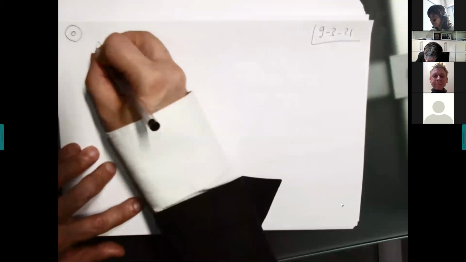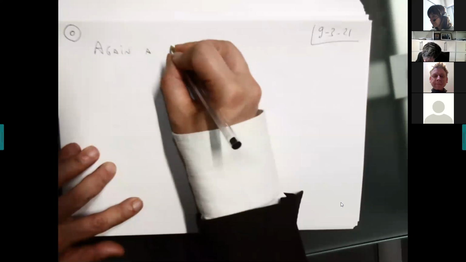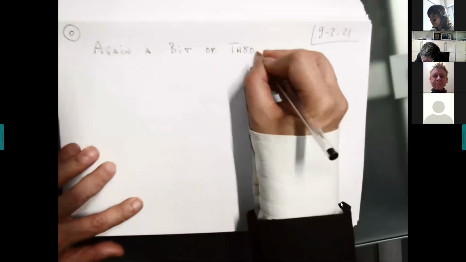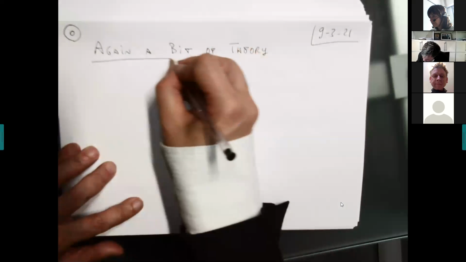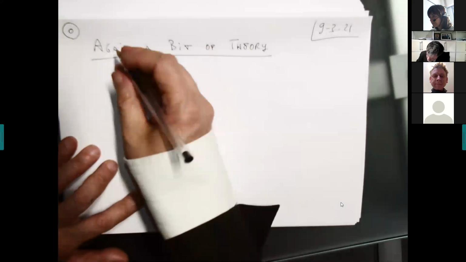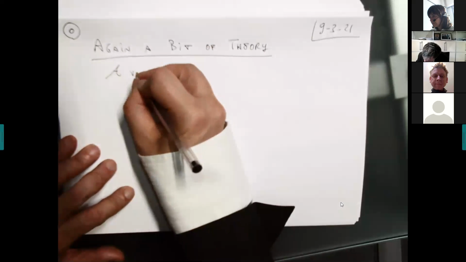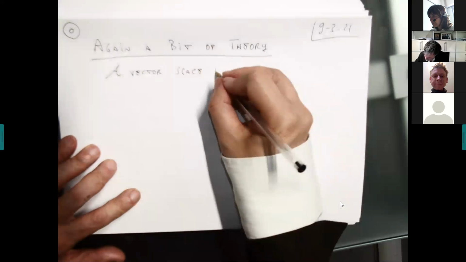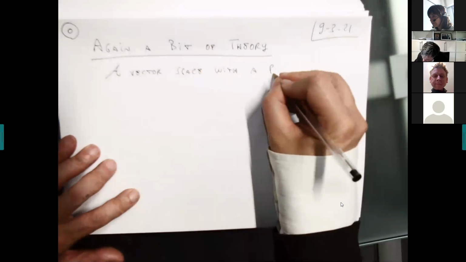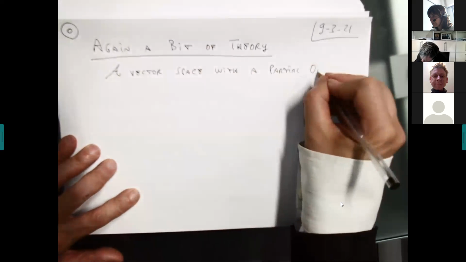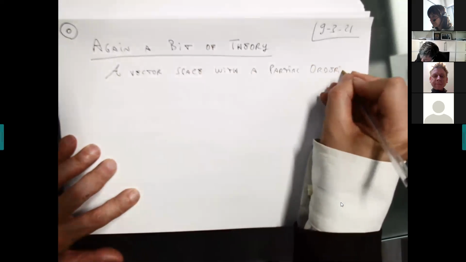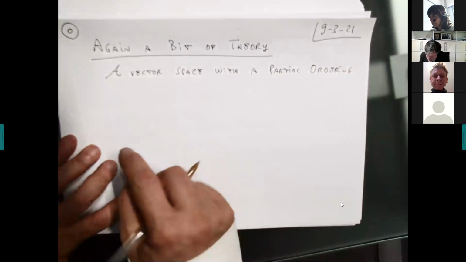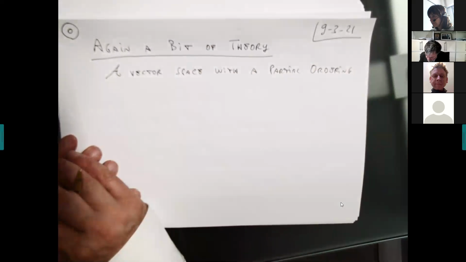And now again a bit of theory. Suppose that you have a vector space A with a partial ordering, so not for every pair, but you can tell in some cases when something is smaller than another thing.